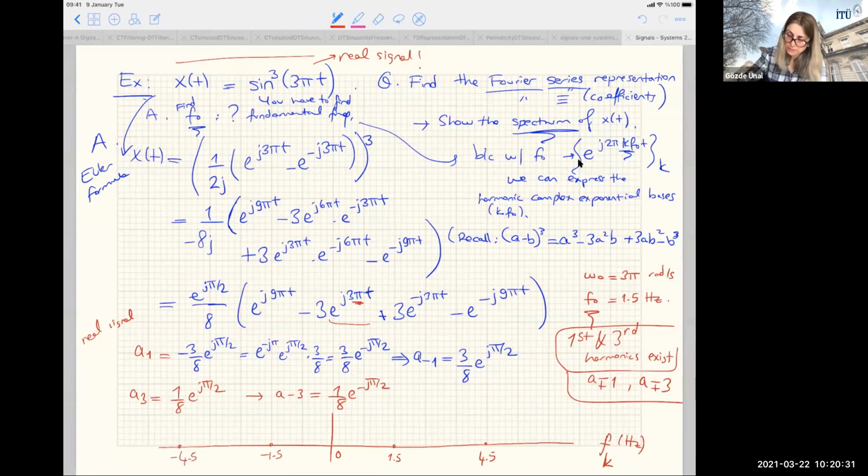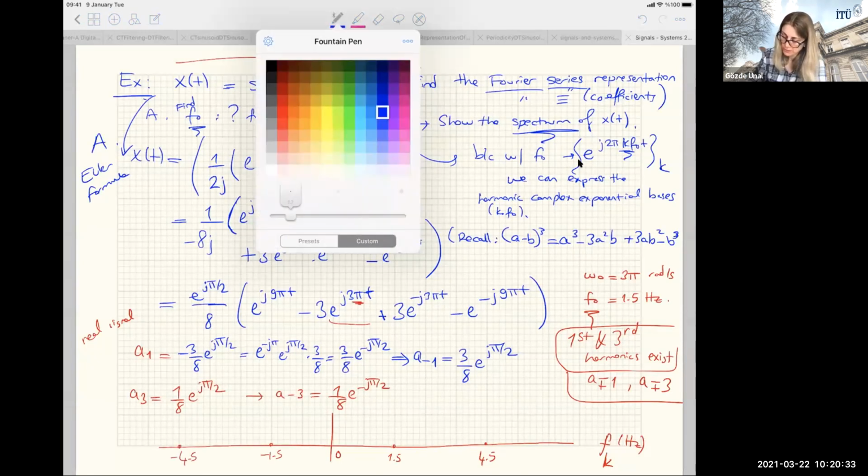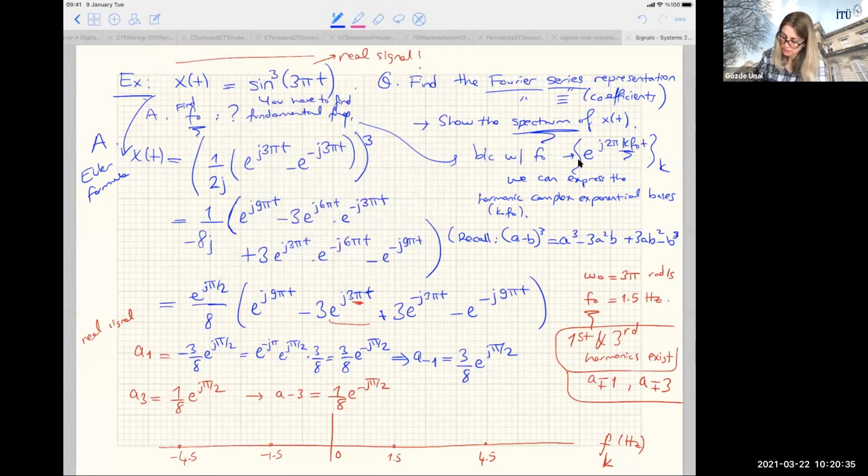Okay, so let's write the equations here, A1. So this is really k equals 1, k equals 3, k equals minus 1, k equals minus 3. Let's bring the coefficients here. A1 was 3 over 8 e to the minus j pi over 2.